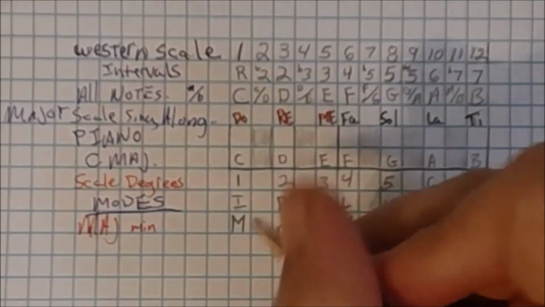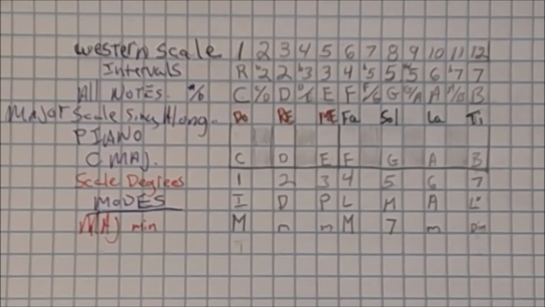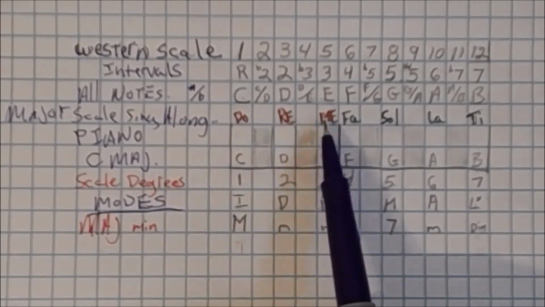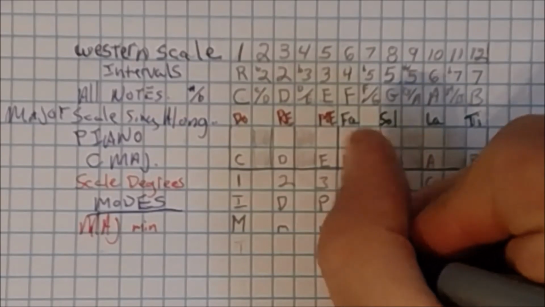Alright, we're down to our last row here, and all we want to do is highlight the half steps of the major scale. These are the half steps that you can see clearly back to the do, re, mi, fa, sol, la, ti, do, where they're in between the mi and the fa and the ti and the do. So let's jot that down here.